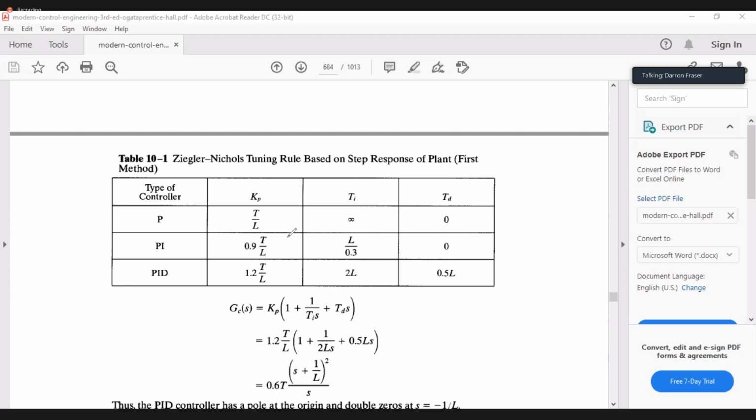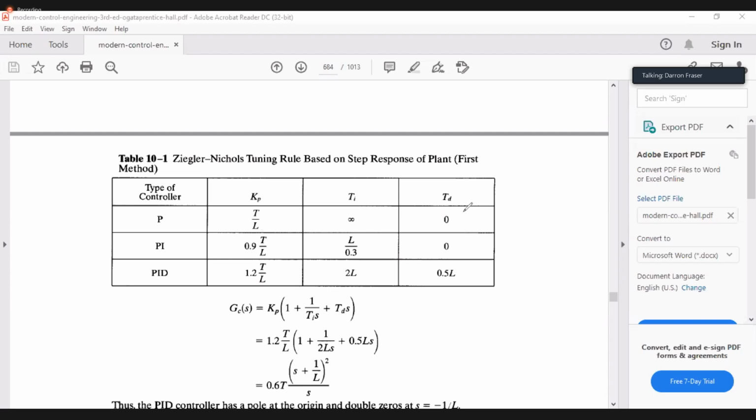The other thing I'm pointing out is that there's no transfer function that you need to know. If the transfer function is known or not known is not an issue.